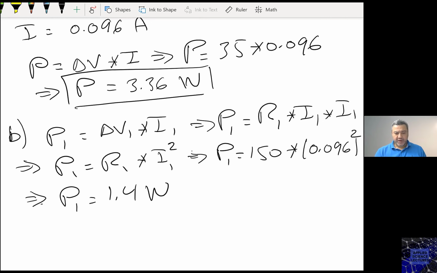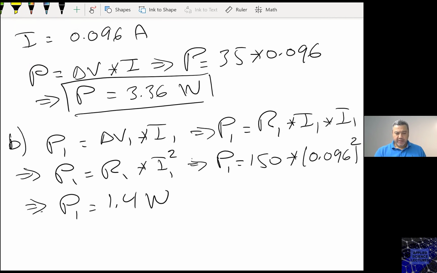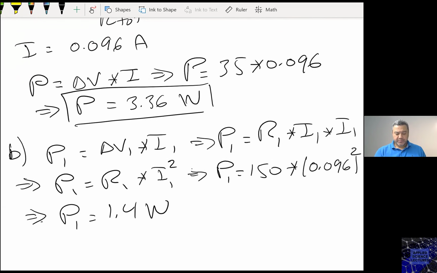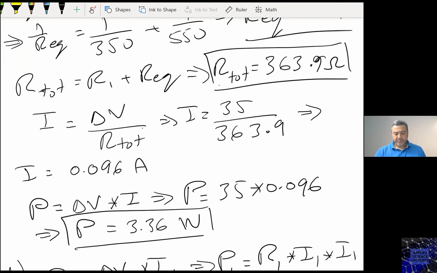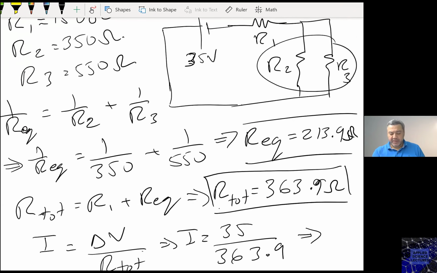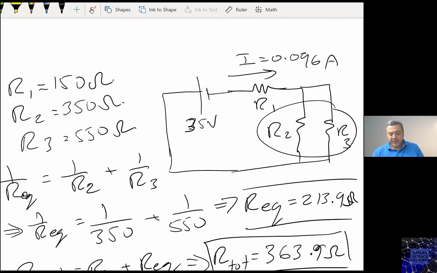I need now to find P2. Now notice here that I did calculate R equivalent. So if I multiply the R equivalent with I, 0.096, I get the potential difference across R2 and R3.